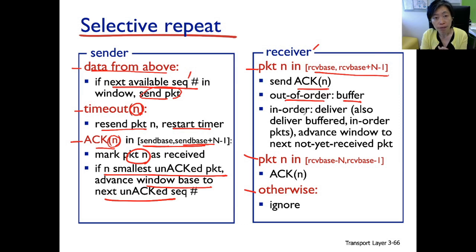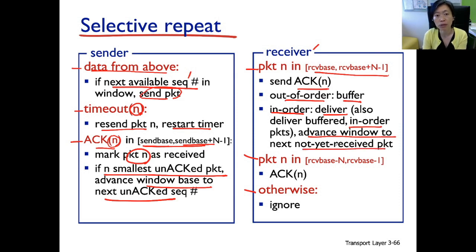Now, if this packet is actually coming in and filling one of the gray packets, unreceived previously but expected, then we can pass all the packets now in sequence, all the pink ones, up to the application layer. So we deliver those in order, and advance the window to the next not yet received but expected packet, the next gray packet.